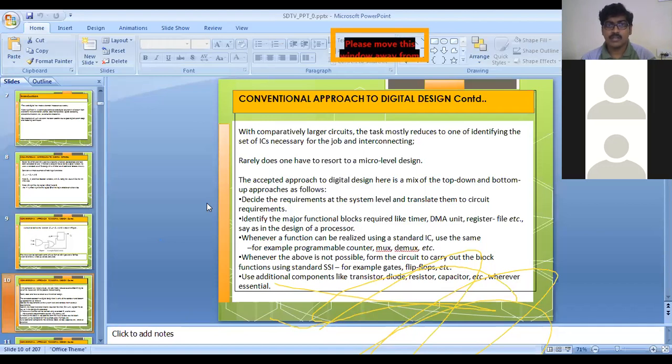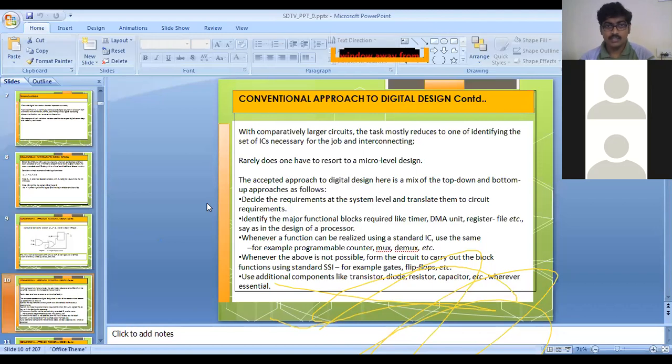The foremost main task of designing a large circuit is identifying what ICs are necessary and how to interconnect one IC with the other. And rarely does one have to resort to micro level design. What does micro level design mean here? Micro level design is nothing but designing or fabricating such ICs from scratch.